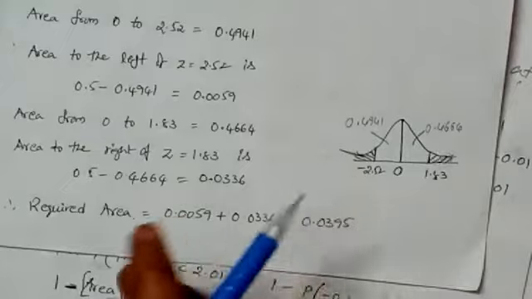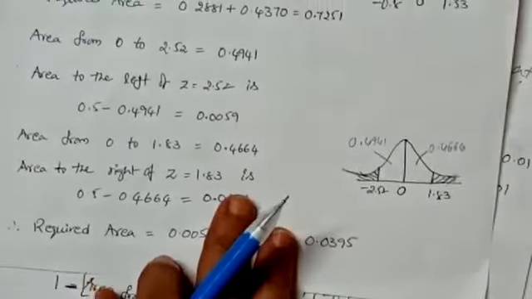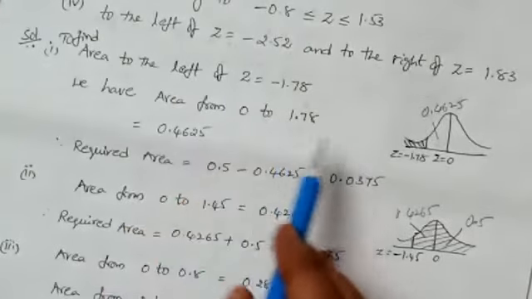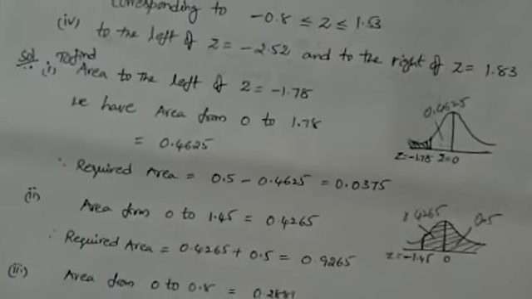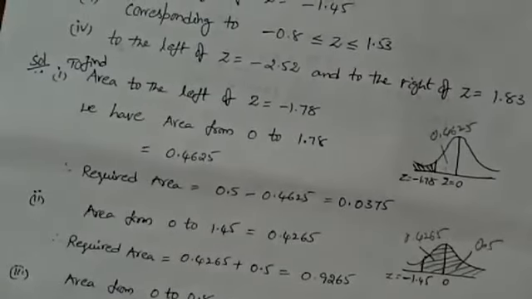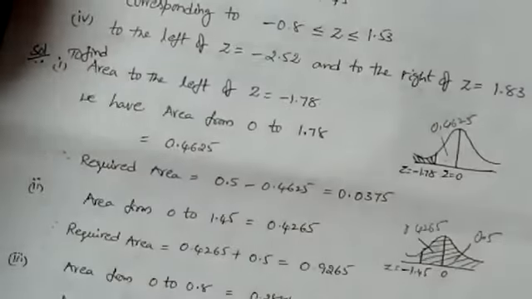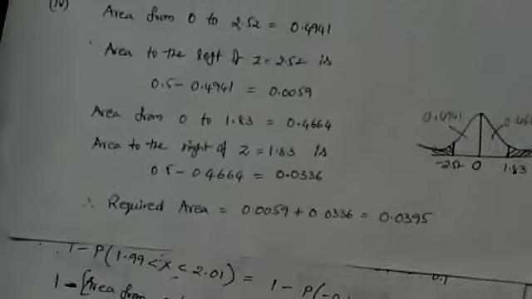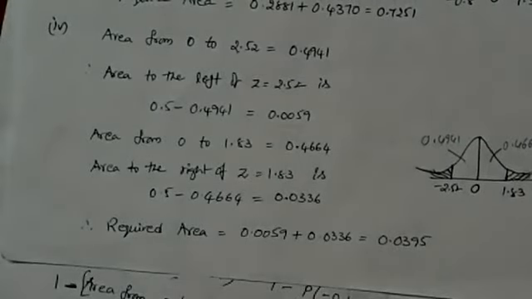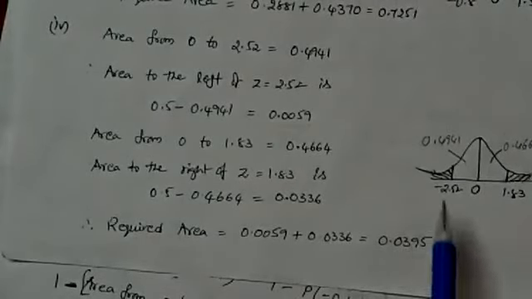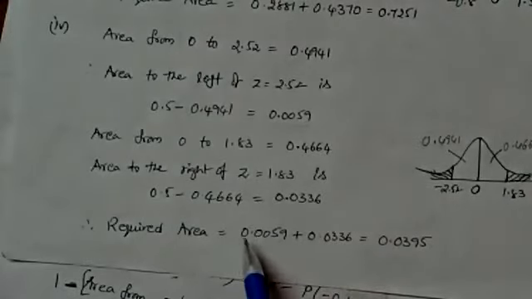But the question says to the left of z and to the right of z, so you have to conclude the answer with the required area by adding those two shaded areas. So that is 0.0395.